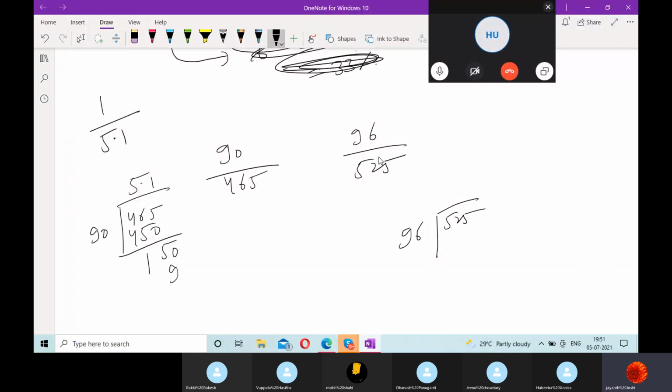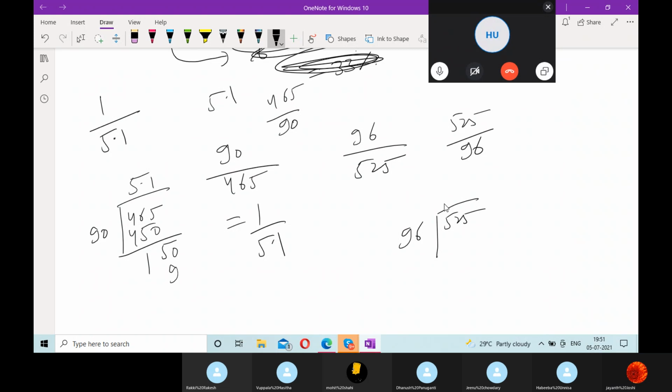Please understand what I'm doing. I'm doing it in an easy way. I am just reversing it. 465 by 90 I am doing, and I am getting 5.1. I'm re-reversing it, that means 1 by 5.1. And here I'm dividing 525 by 96, and I'll re-reverse and compare the fractions.